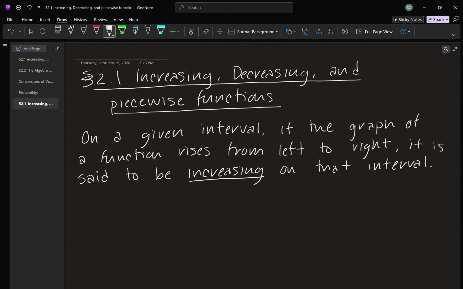If the graph drops from left to right, it is said to be decreasing.